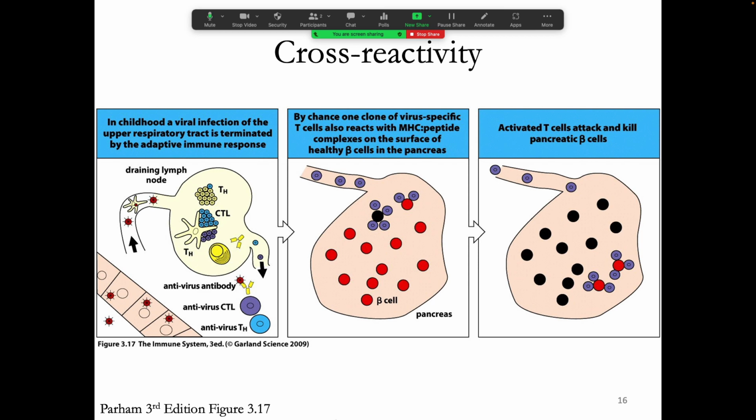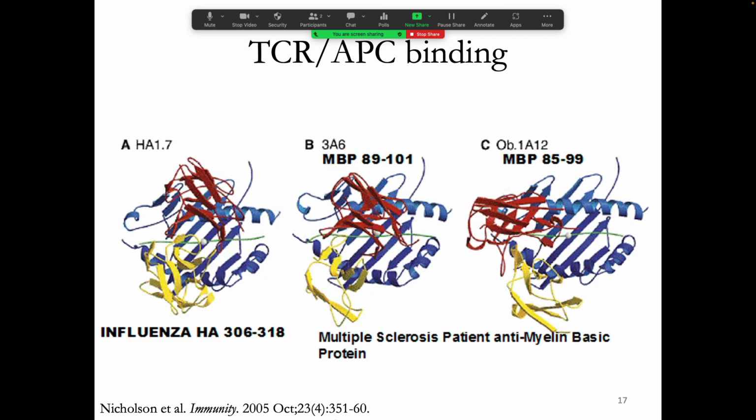We have also actually been able to map some aspects of this. We can see MHC with peptide, and we can look at how T cells will respond to MHC plus peptide. Here you can see an alpha chain and a beta chain from the T cell responding to MHC plus peptide. You can see this little angle of the T cell, the angle of the MHC.